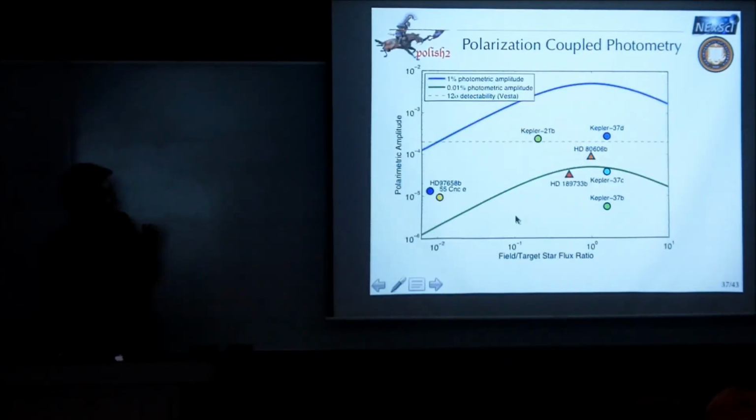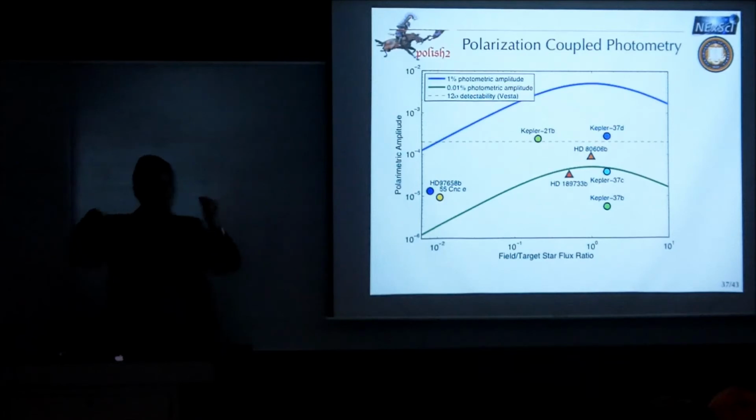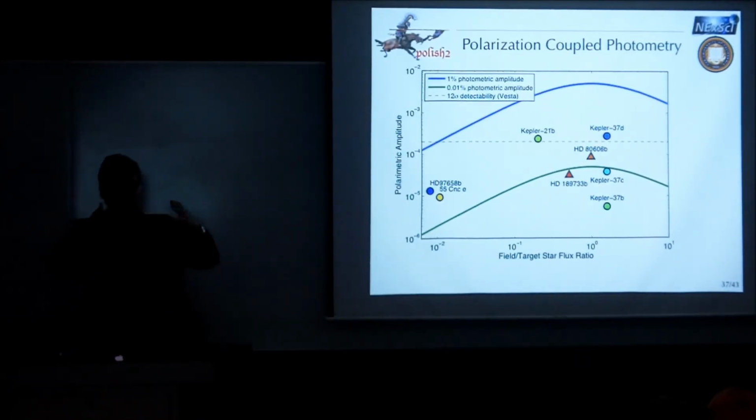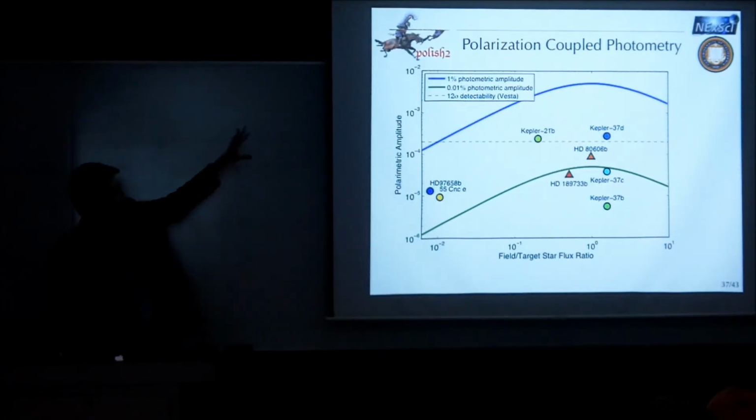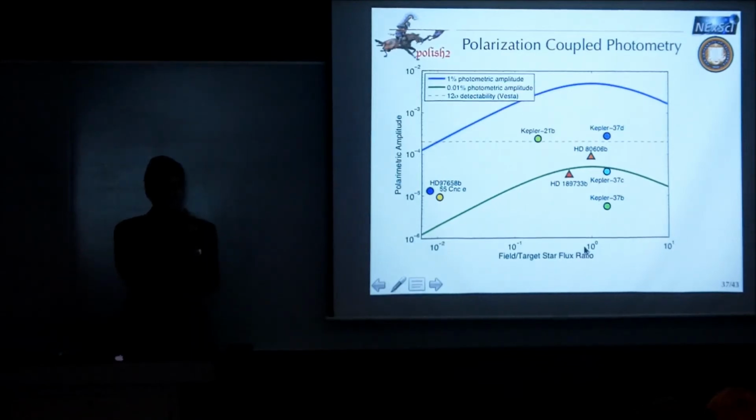So here's how. What we're doing is we're converting this photometric decrease in flux. As a planet goes in front of the star, the total photometry, total intensity of photons coming from the star decreases. So we're converting that into a polarization effect. So here's the amplitude of the expected polarization as a function of an important quantity, which is how many photons do you get from the exoplanet versus the rest of the field.